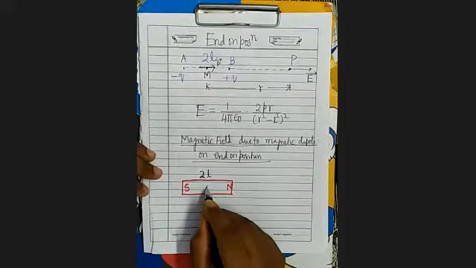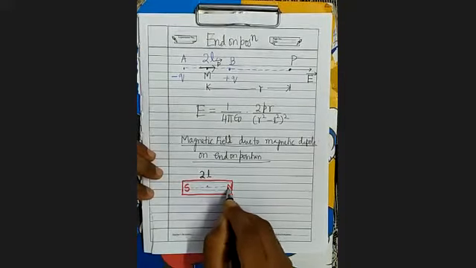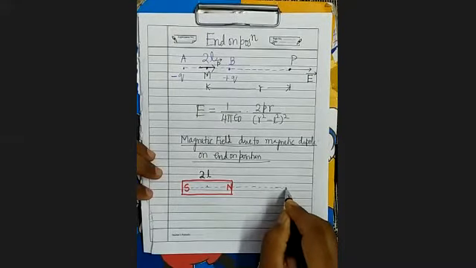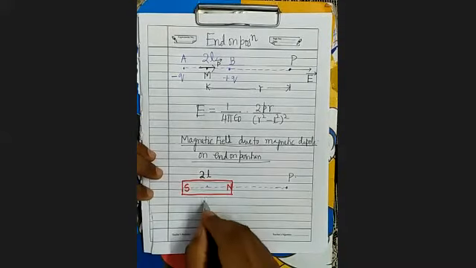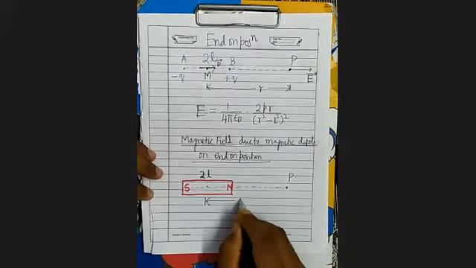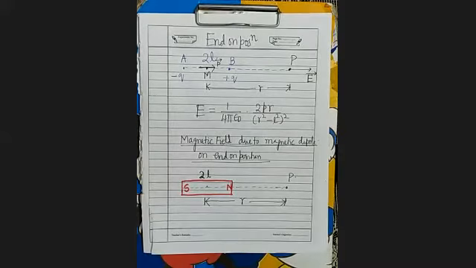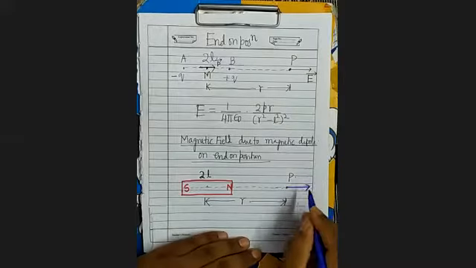Then you can see the axial position is this. There is a point P here. Here you have to determine the magnetic field, and its distance from the center of the magnetic dipole is small r. All of you see here, what will be the direction of the magnetic field? Like this, the direction of the magnetic field will be this.